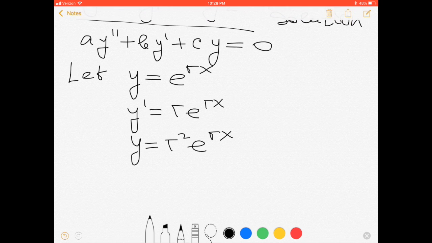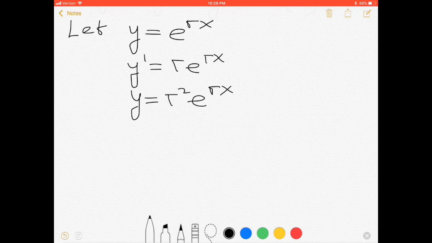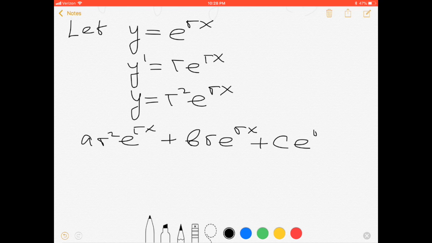Plugging all this into my equation 1, then we have a r squared e to the power rx plus b r e to the power rx plus c e to the power rx needs to equal 0.